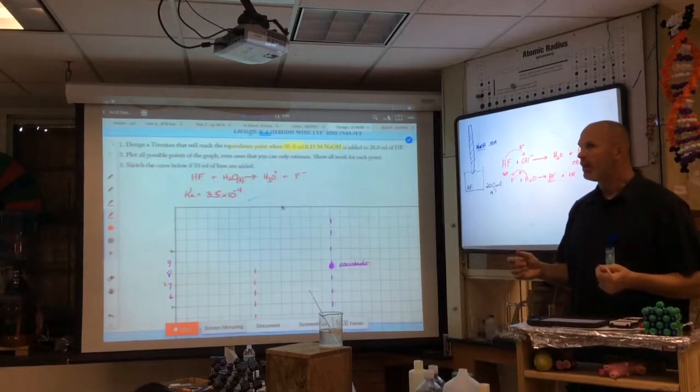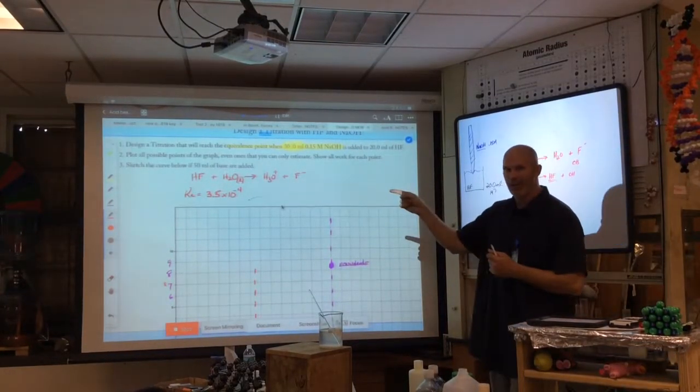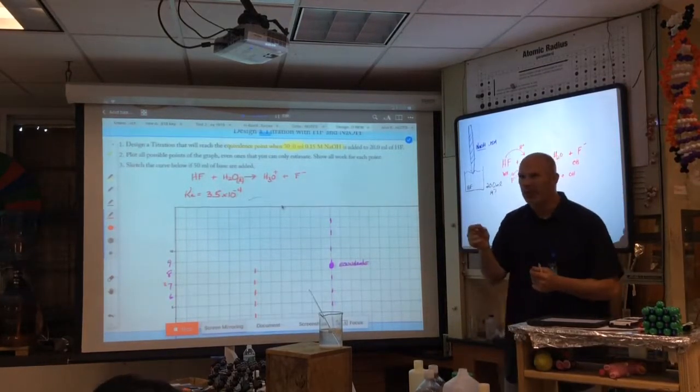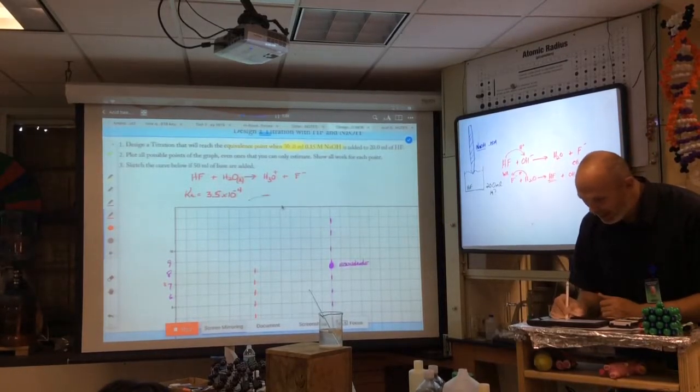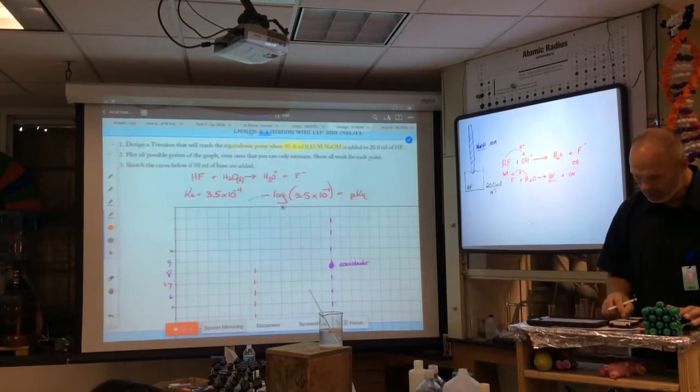All right. Well, all I got to do is make that a pKa, and wouldn't that equal my pH at the half equivalence point? So what does little p mean? 10 to the negative. Right, so do the what? Or log. So negative log of 3.5 times 10 to the negative 4, and that's going to give you your pKa. So let's do that, party people.